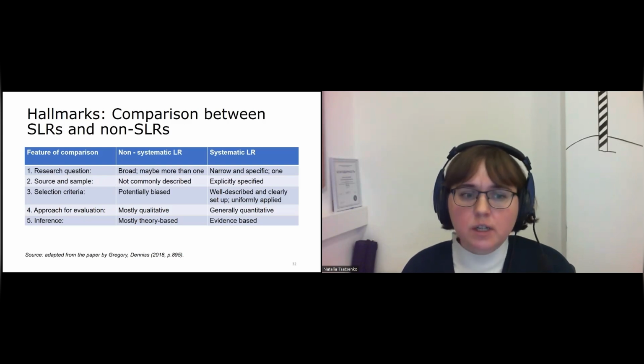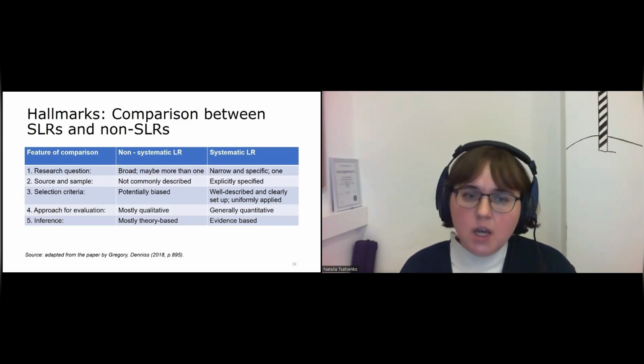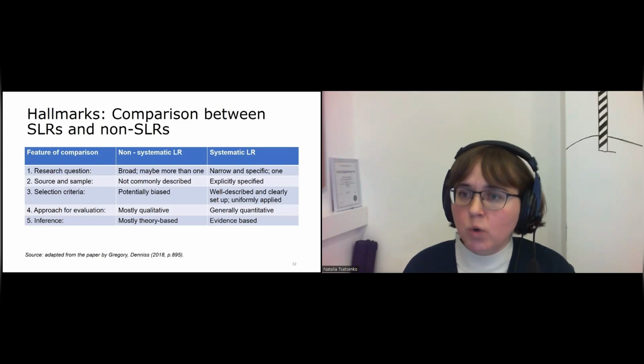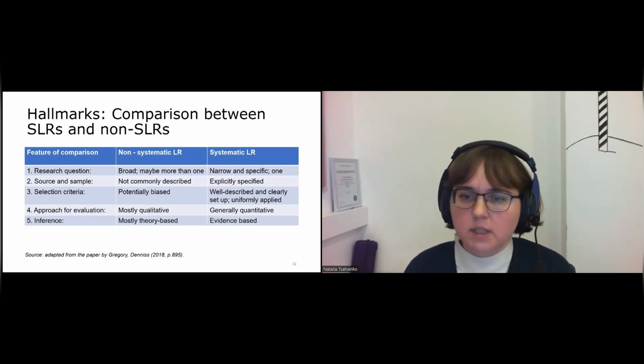Another feature is the approach to evaluation. Non-systematic reviews are usually mostly qualitative, while systematic reviews are generally quantitative. The last feature is the conclusion, or inference. Non-systematic review is mostly theory-based: we talk about concepts and make suggestions about future directions of development of particular concepts in the field.